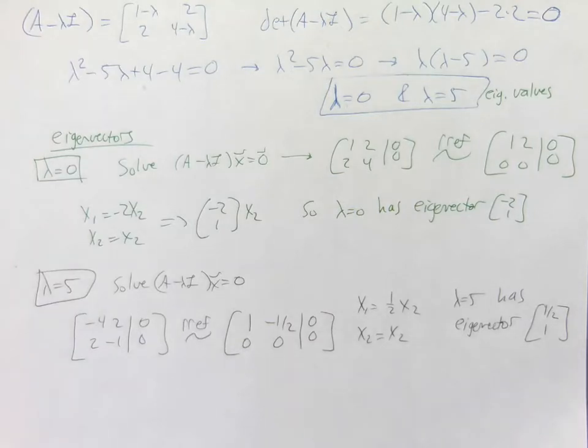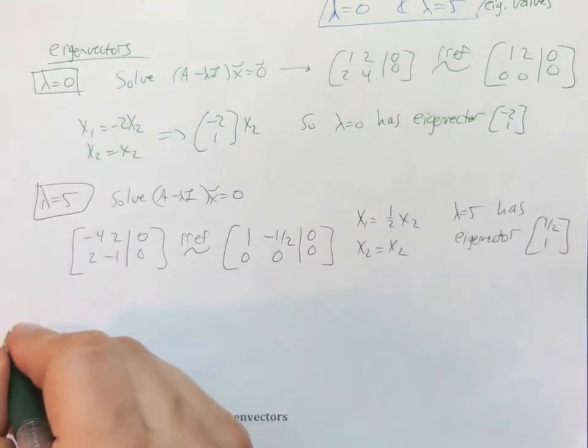Now, to make this easier to work with, because this one has a fraction, a key thing you should know is that any multiple of an eigenvector is also an eigenvector. So you could multiply this one by 2 to get rid of the fraction, for example.